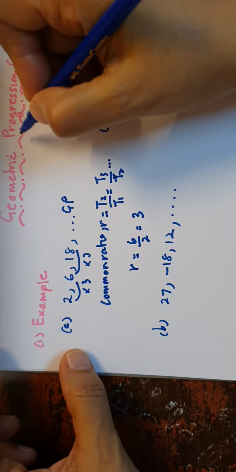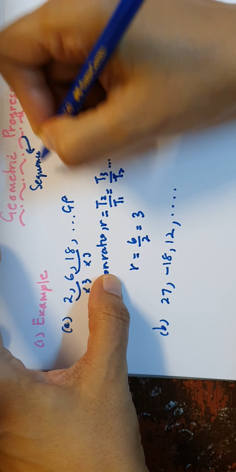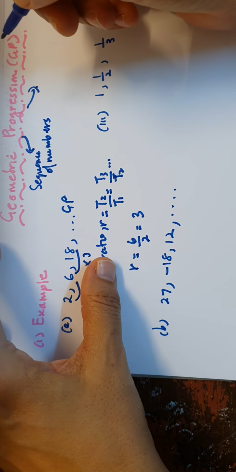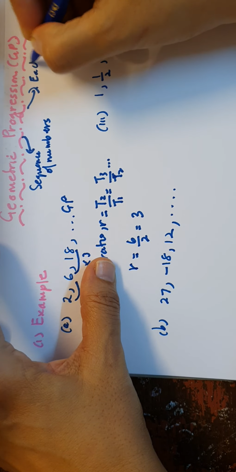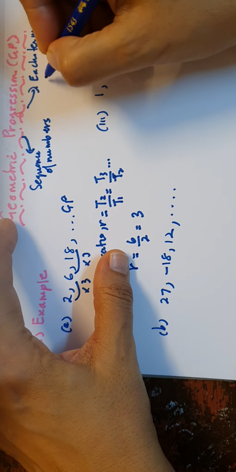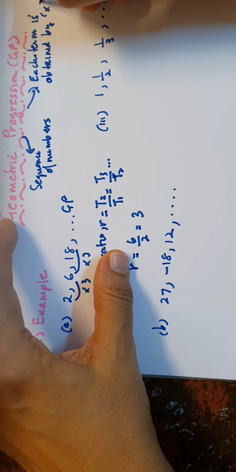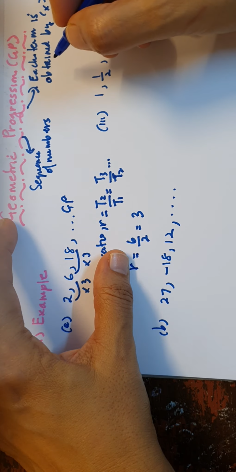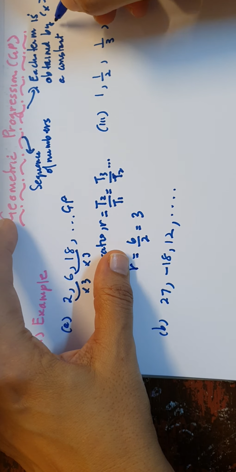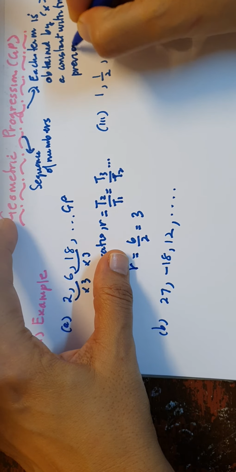So what can we conclude about a GP? A GP is a sequence of numbers. What's so special about it? Each term in the GP is obtained by multiplying a constant with the previous term.